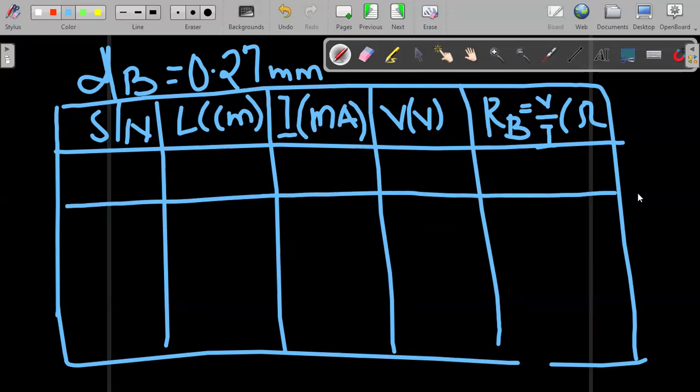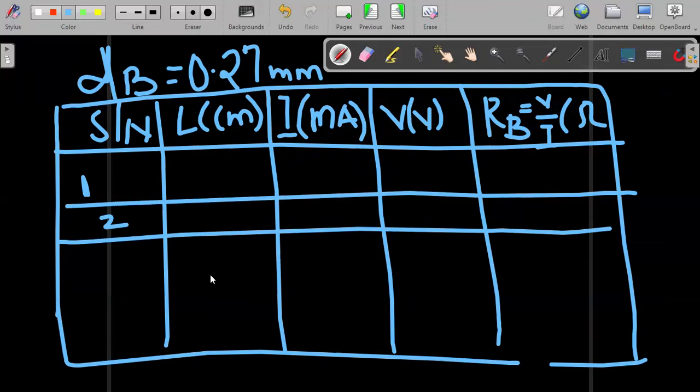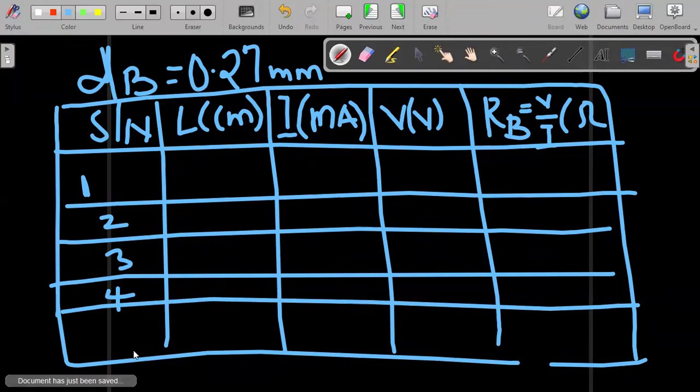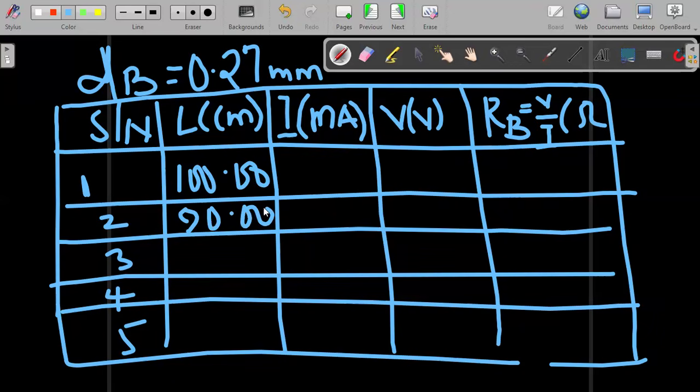So the first length we're also using here is 100 cm for the first experiment, then second, third, fourth and fifth: 90, 80, 70, then 60.